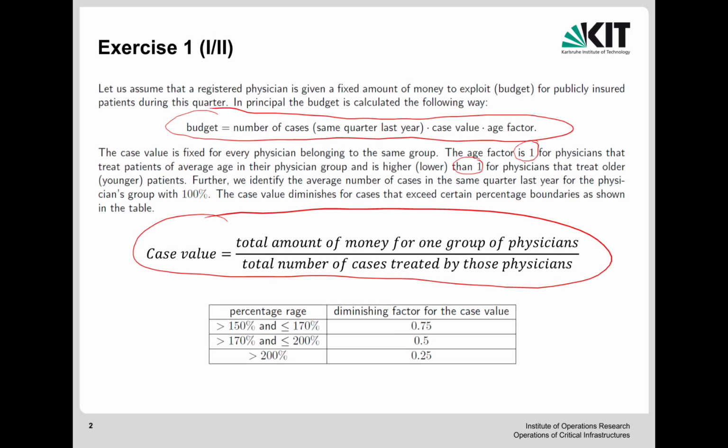Okay. And the cases, you might remember, is that you have one patient in the same quarter and insured by the same insurance company. If you treat more than this 150%, then you have these kind of diminishing factors, depending on how many more patients you are treating, more than 170, more than 200, and so on.